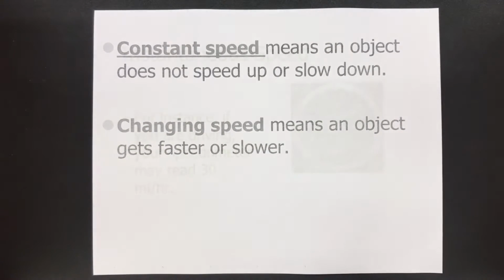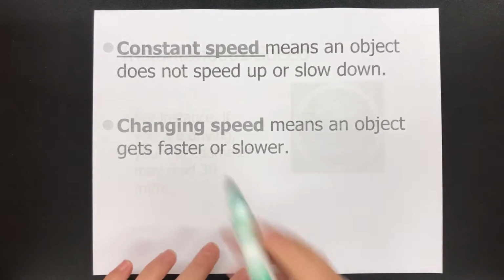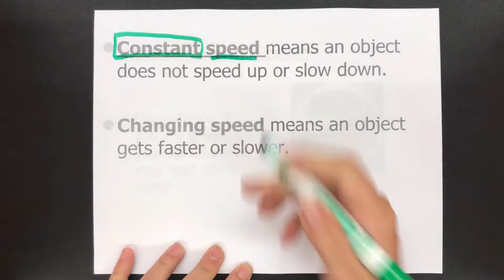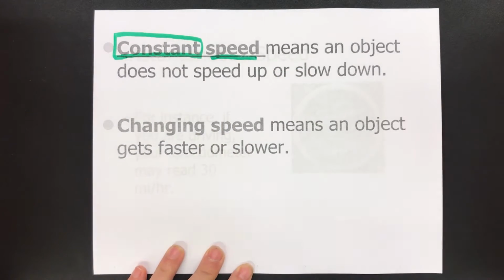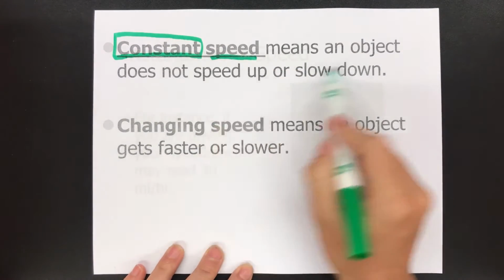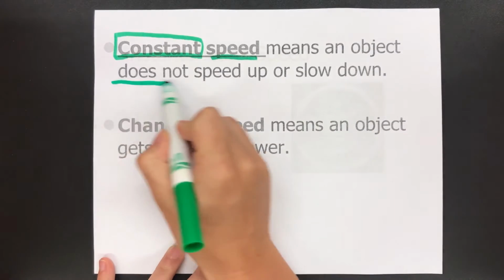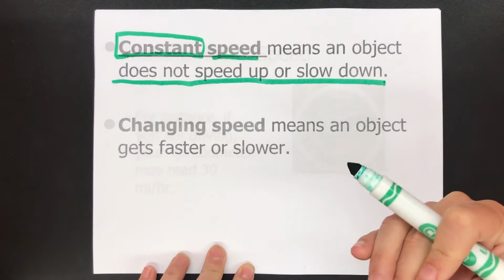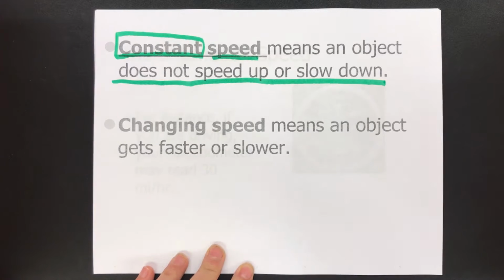Okay, now we need to talk about different kinds of speeds and velocities. So we got some other words going on here. Constant speed. What does the word constant mean? We use this word a lot. This just means that the object does not speed up or slow down. So you are constantly going at whatever rate it is. So 5 meters per second. I'm still going 5 meters per second 5 seconds later.